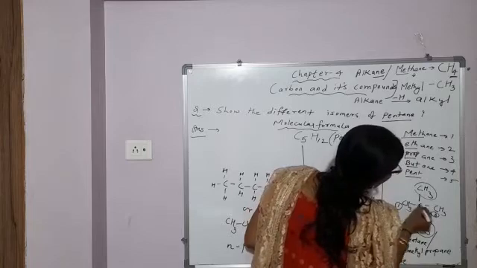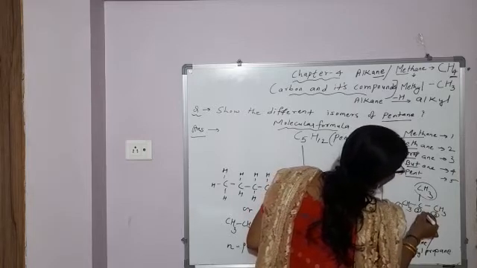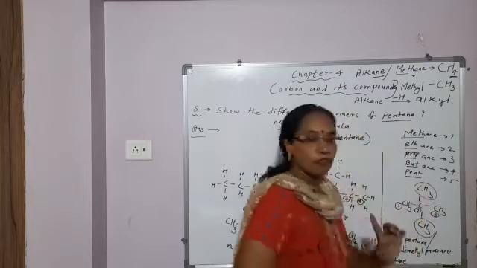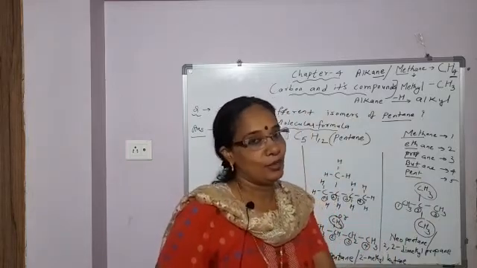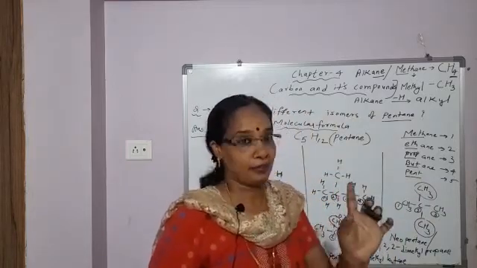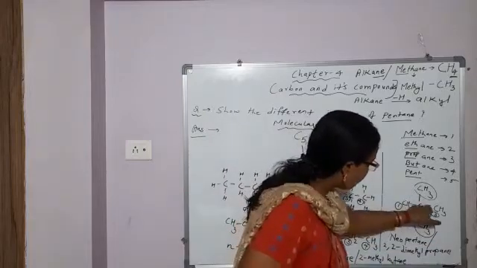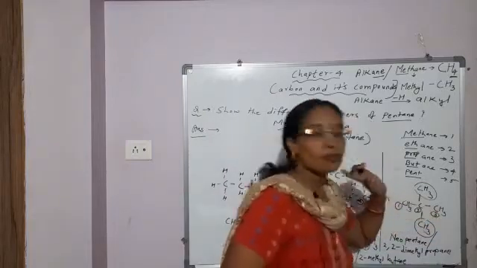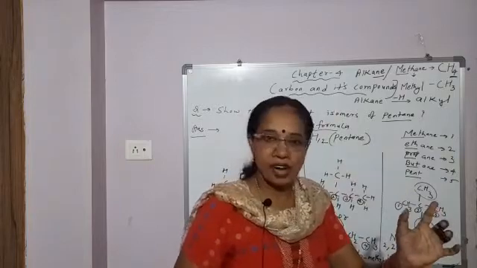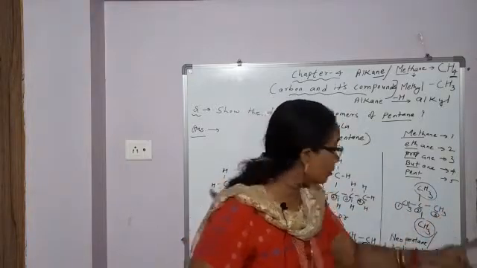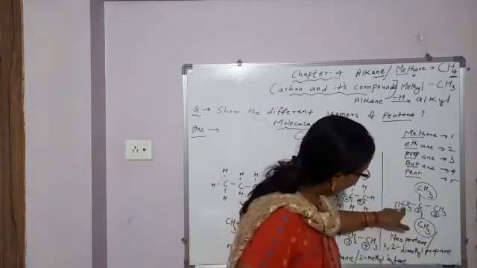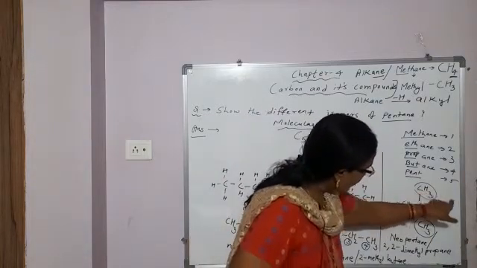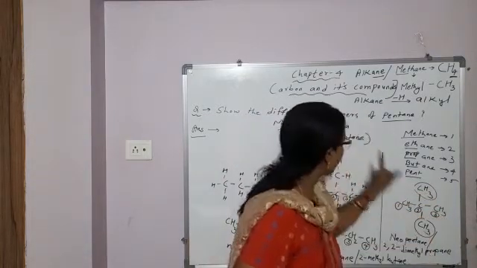Here, 1, 2, 3, 4. The valency of carbon is 4 and all the 4 valencies are satisfied. So no need to add hydrogen here for this carbon. 1, 2, 3, 4. All the 4 valencies of carbon are satisfied. So no need to add hydrogen here. Okay, so now 3, 4, 5, 6, 7, 8, 9, 10, 11, 12.